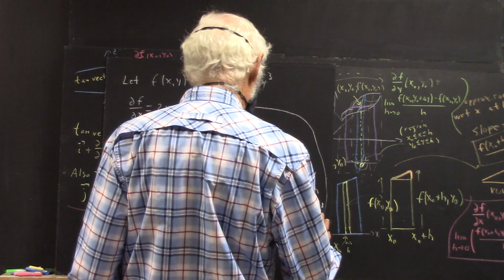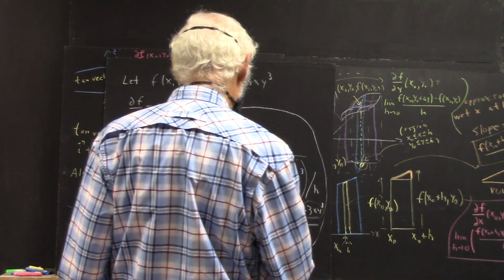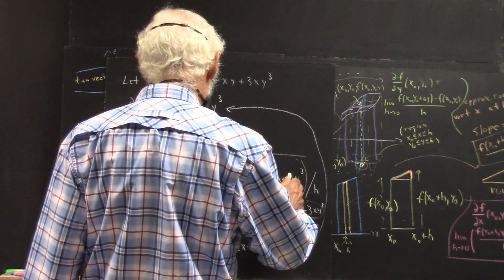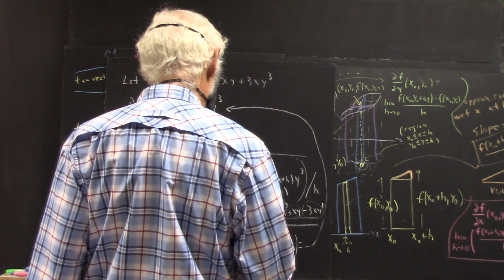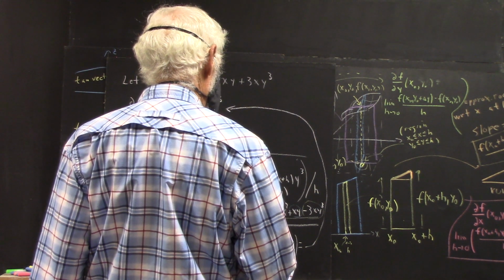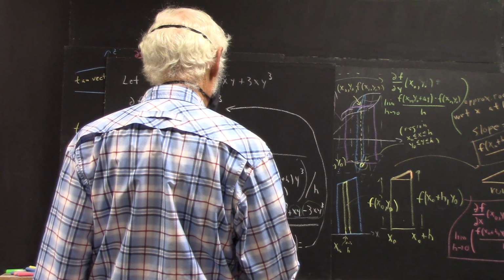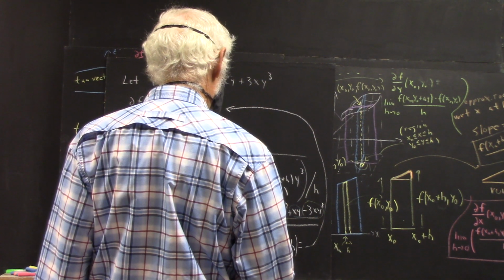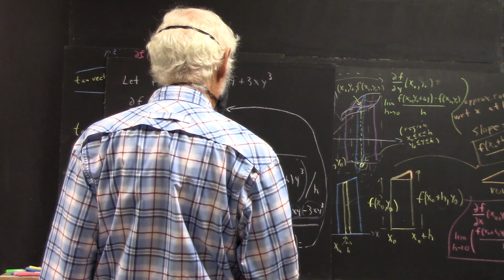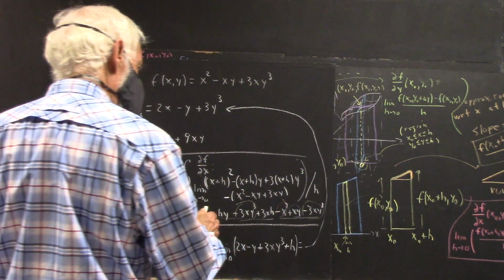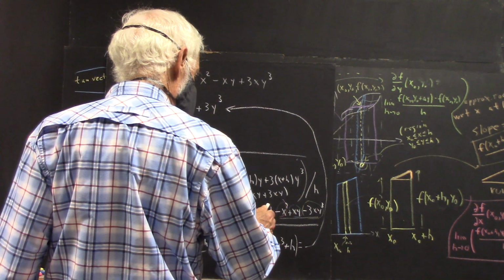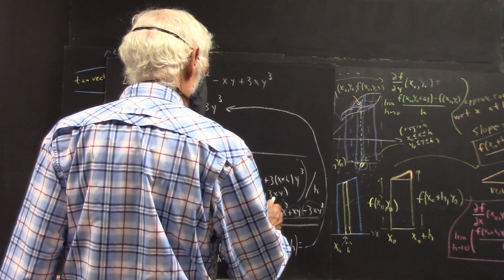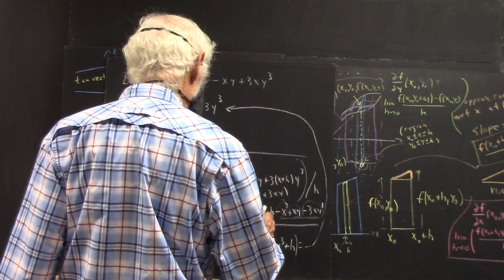I got the y cubed in the wrong thing. When I distribute here, I'm going to get a 3h y cubed. And where is that going to go? 3hy cubed. I was being careful. Okay. It's 3x y cubed h. 3h y cubed.